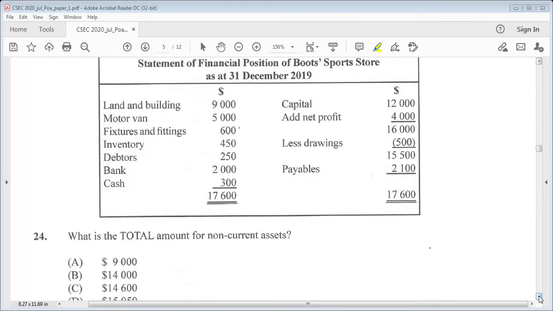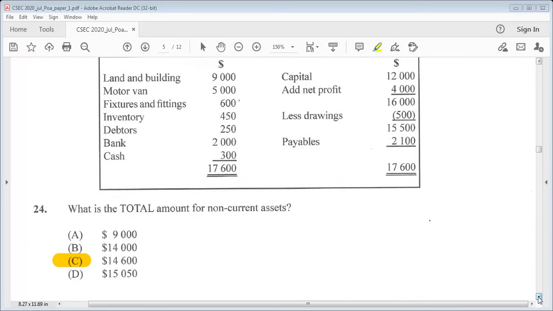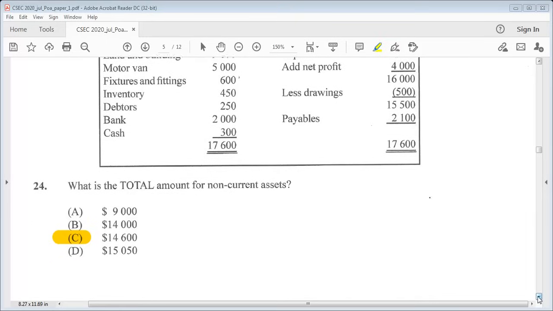So we know that that would be land and building, motor van, and fixtures and fittings. So that's a total of 14,600. So C would be your answer. Let's go on to number 25.